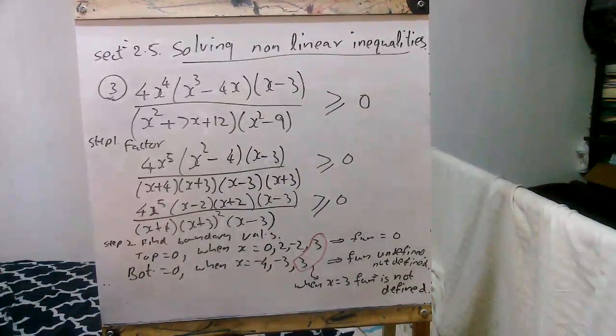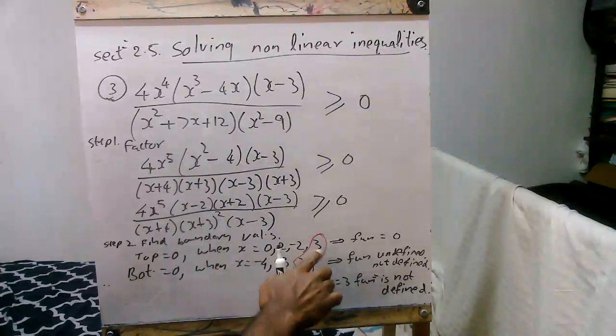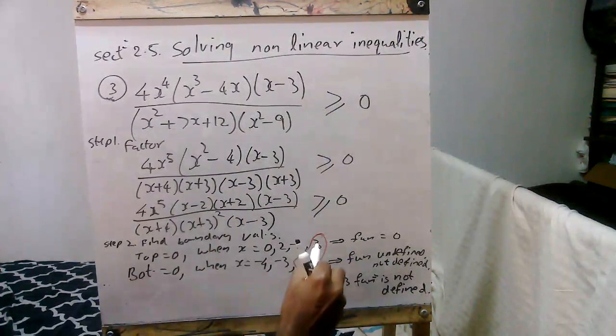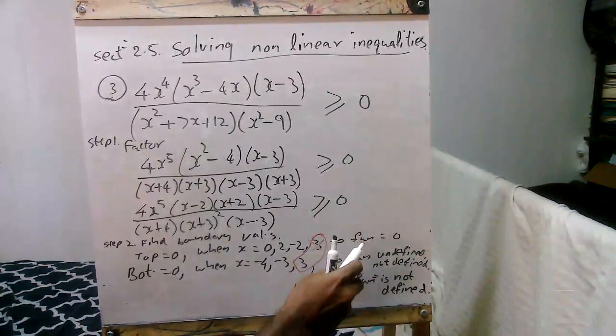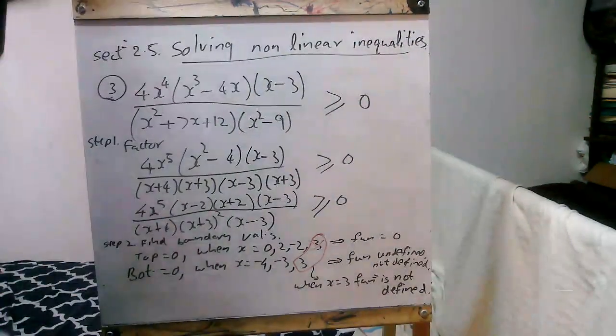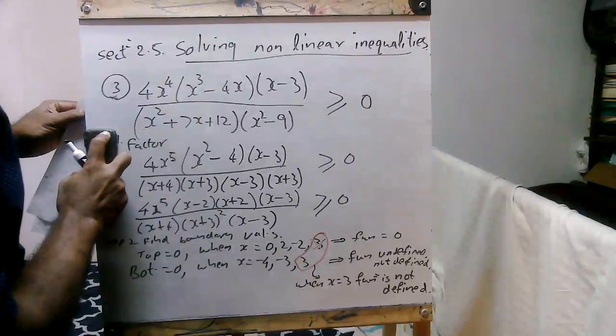Right, now let's see what we can do next. At this point you may cross out this 3 here, because at x equal to 3 the function is undefined, not 0. Now we're going to put that on the number line. I'm going to erase this step.